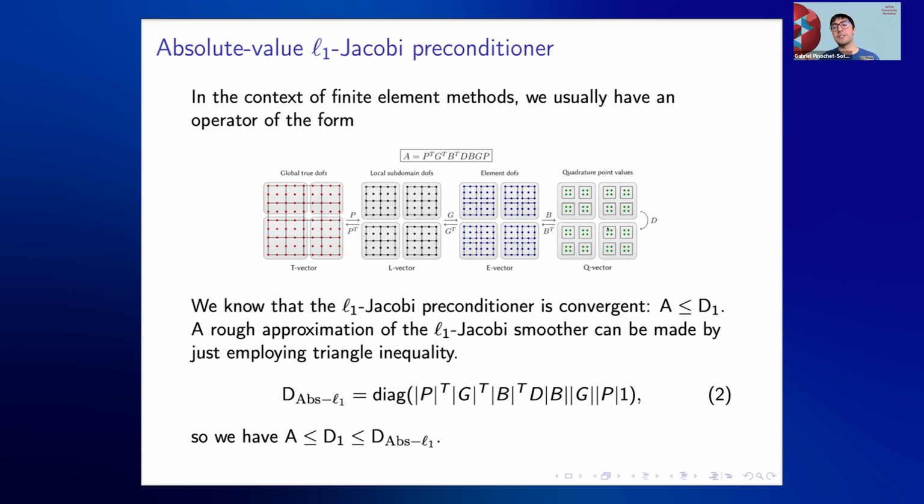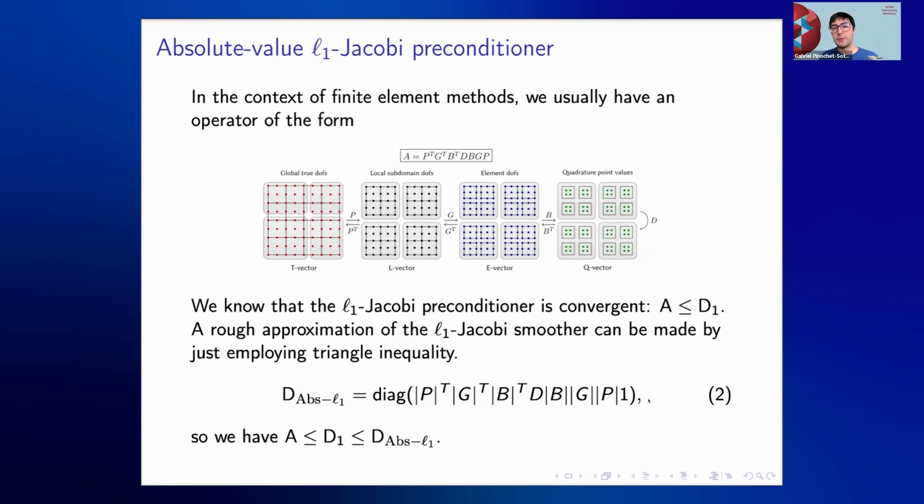As we don't have access to each entry of the operator, one idea to implement a spectral upper bound of the L1 Jacobi is to take absolute values of all of the entries of these operators and generate this new matrix that also yields a convergent smoother, and test its behavior and see how well it preconditions some systems. So my task was to implement these two things.